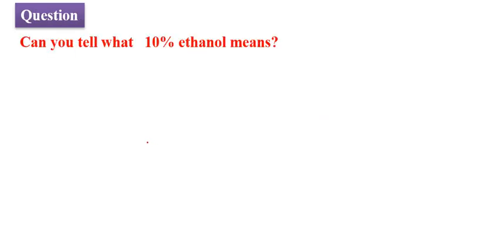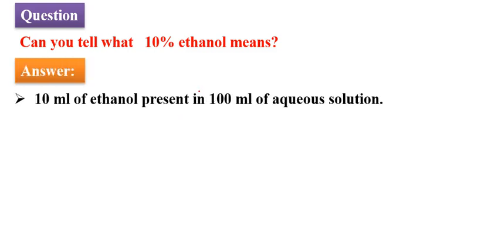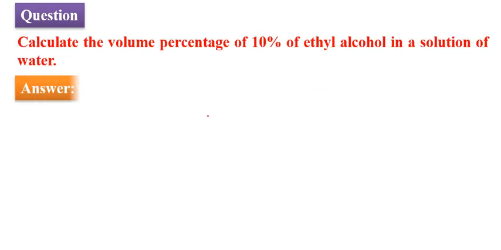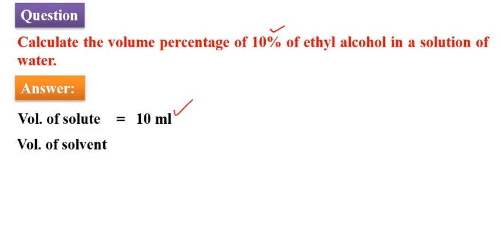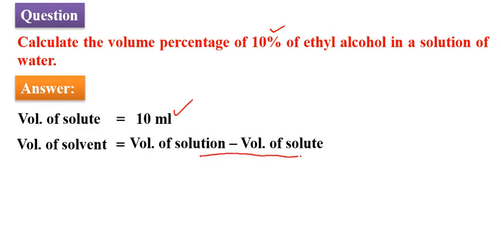Okay, take one example. Can you tell what 10% ethanol means? Of course, 10 ml of ethanol present in 100 ml of aqueous solution. Calculate the volume percentage of 10% ethyl alcohol in a solution of water. Now, volume of solute is 10 ml. Volume of solvent equals volume of solution minus volume of solute.